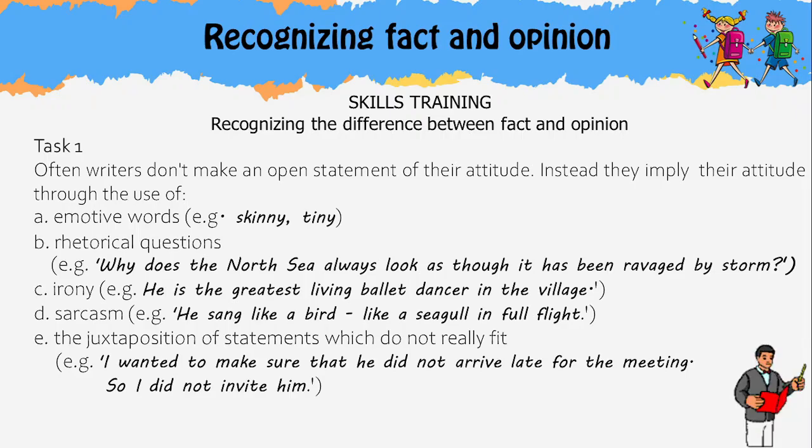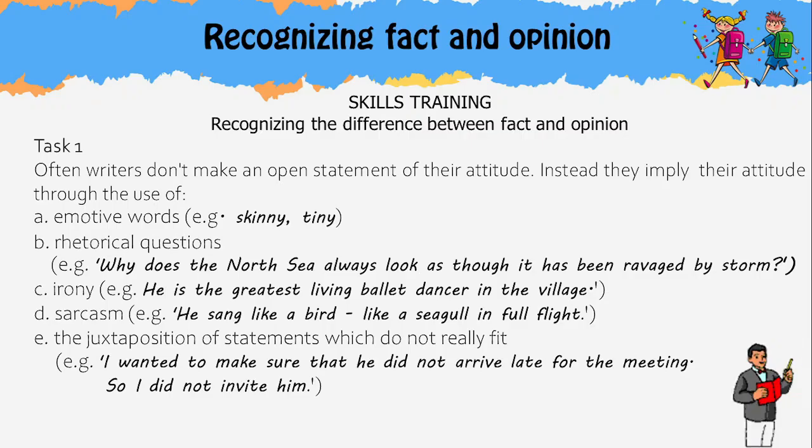And then irony is the figurative language, the figurative words that you use to criticize something. The irony: he is the greatest living ballet dancer in the village.